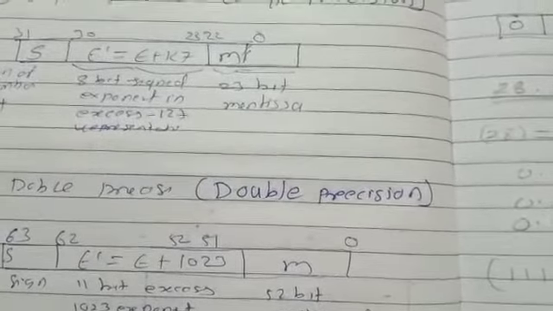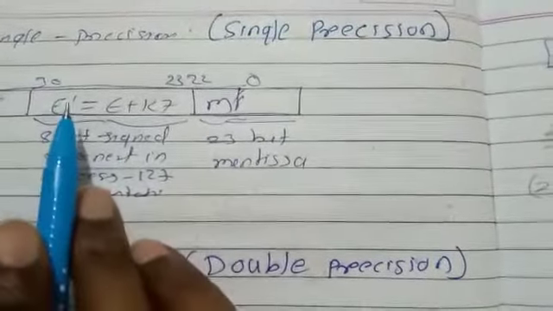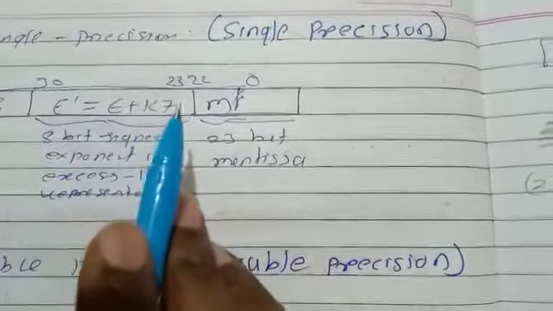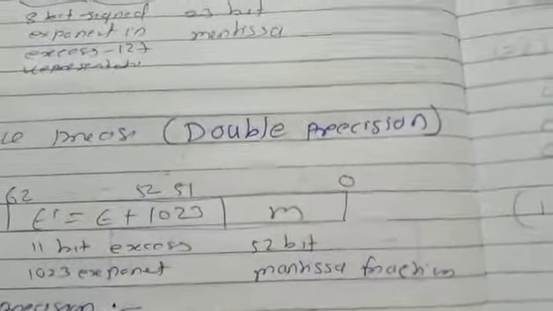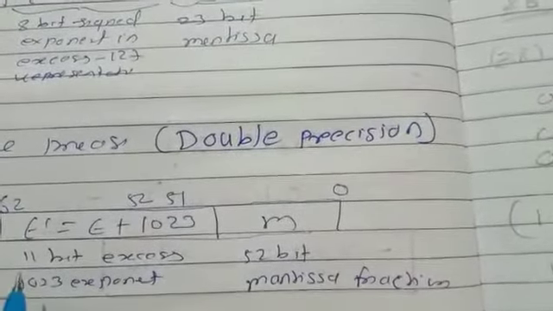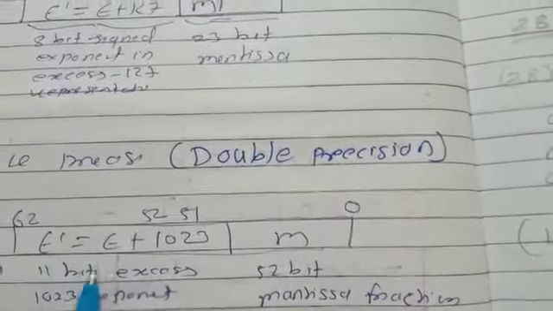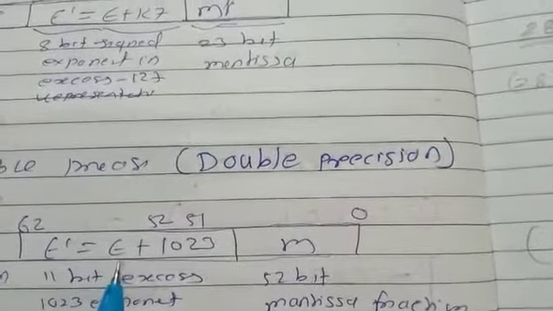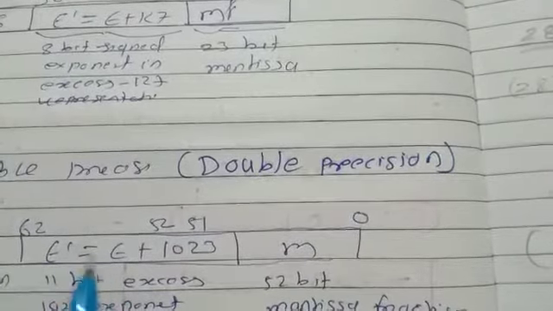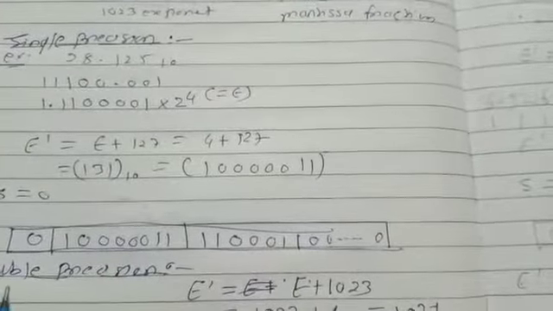To calculate the e dash value in single precision, we have the notation e dash equals e plus 127, and in double precision, e dash equals e plus 1023, where we have to find the value of e. Then we directly get the value of e dash.